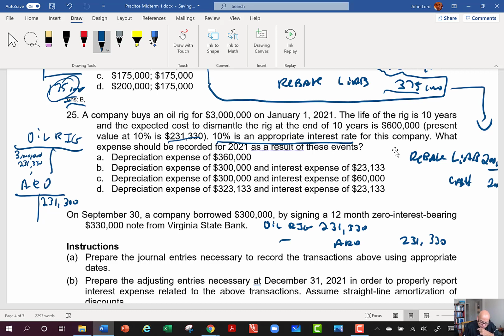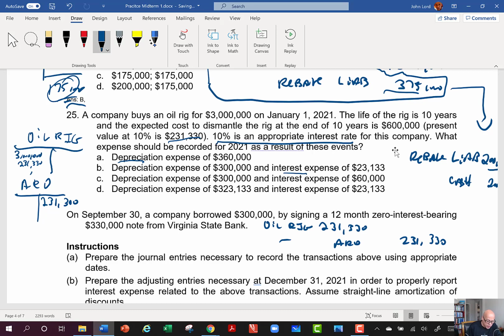Okay, so now what expense should be recorded for 12/31 as a result of these events? And they give me depreciation expense I have to worry about. They give me interest expense I have to worry about.